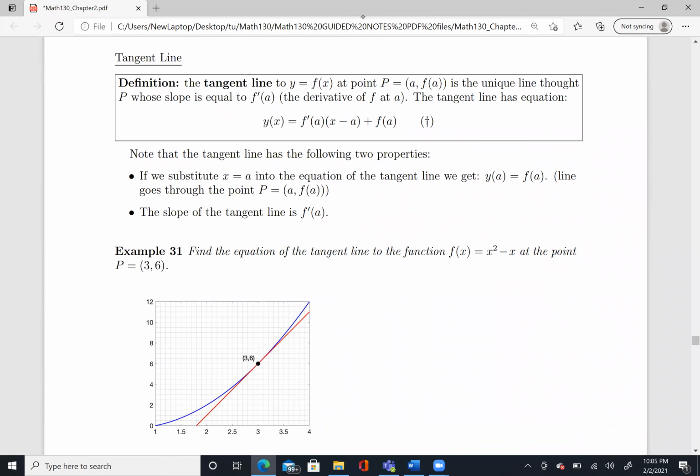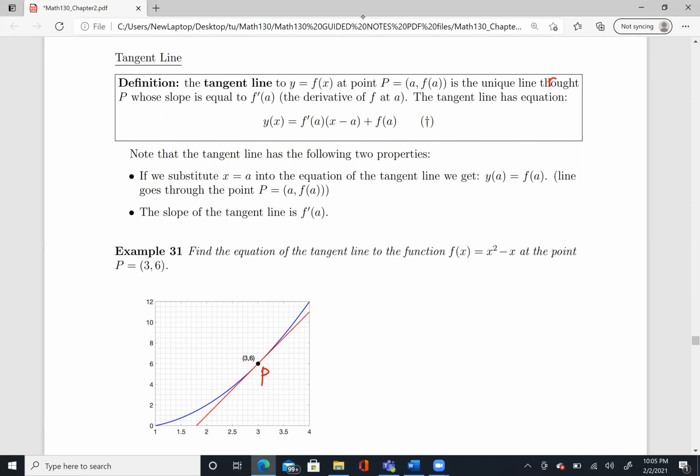The tangent line to y equals f of x at point P over here is a unique line, only one line, through P whose slope is equal to f derivative of a, which is the derivative of f at a.